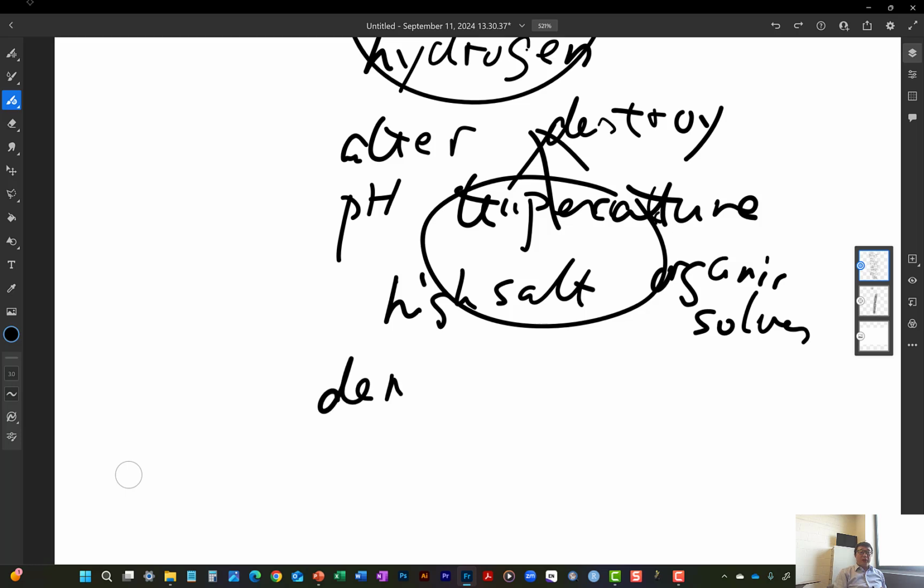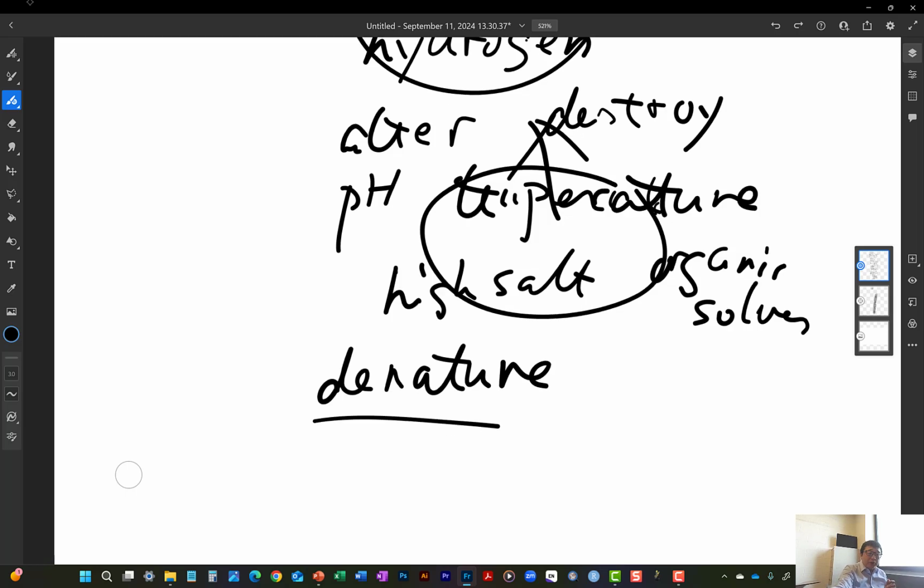This we call denature. When denature happens, the protein completely loses its structure and cannot go back. Not by itself. There's no way to convert a denatured protein back into a normal protein. It's called denature.